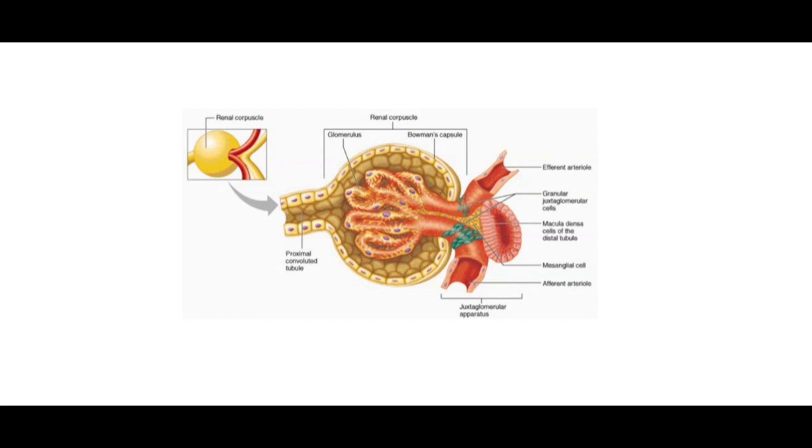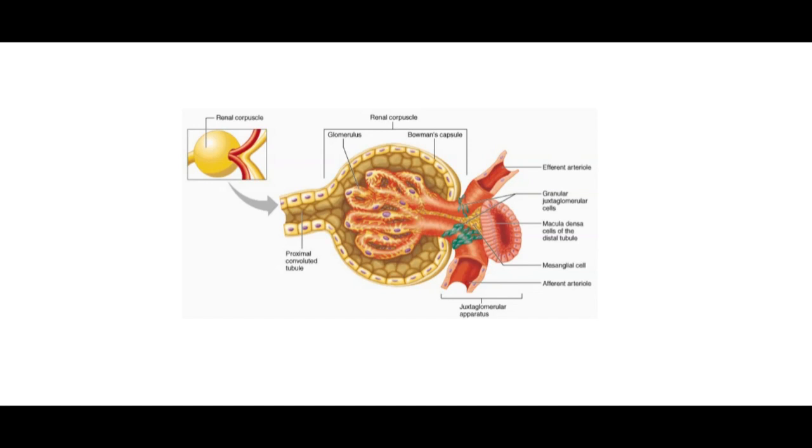But the region here is called your juxtaglomerular apparatus, and it involves your juxtaglomerular cells that are your renin repositories. It involves the communication between the distal convoluted tubule macula densa and the afferent and efferent arterioles. The mesangial cells will help with controlling that diameter.